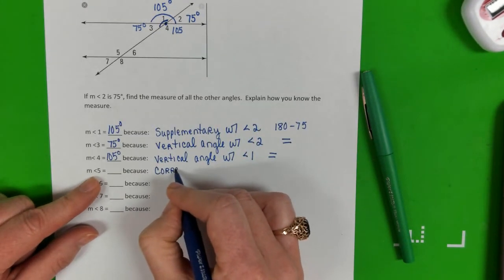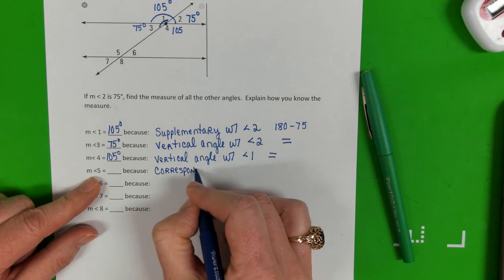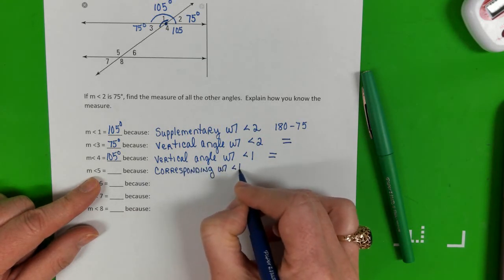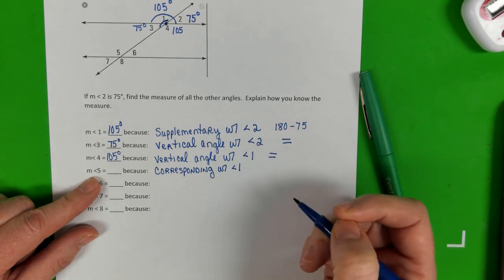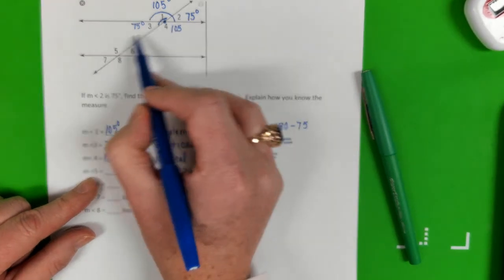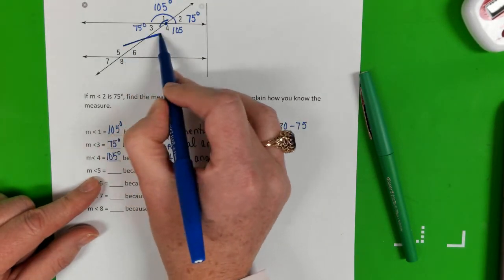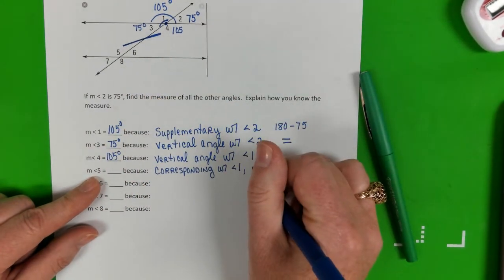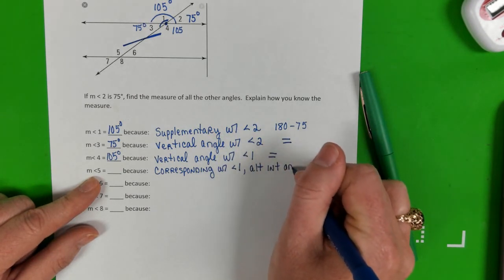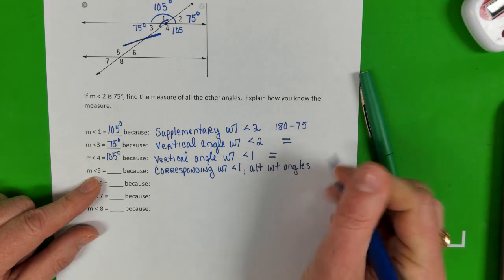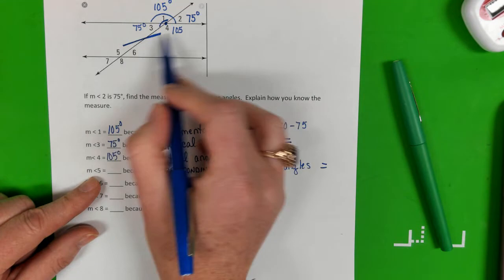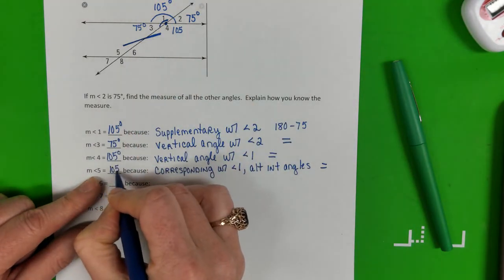So it's corresponding with angle 1. Corresponding or equal. I also want you to see that angle 5 and angle 4, they're interior angles. They are alternate interior angles. Alternate interior angles are also equal. Okay? So we can very easily say that this is 105 degrees.